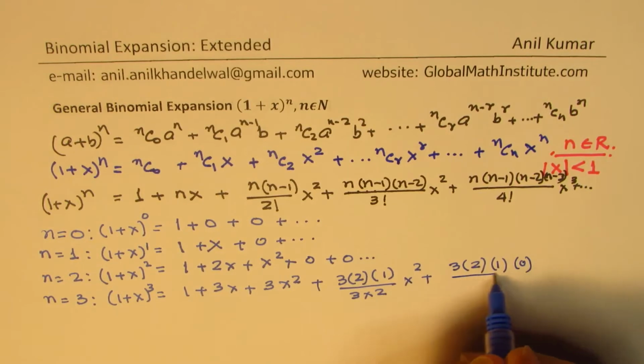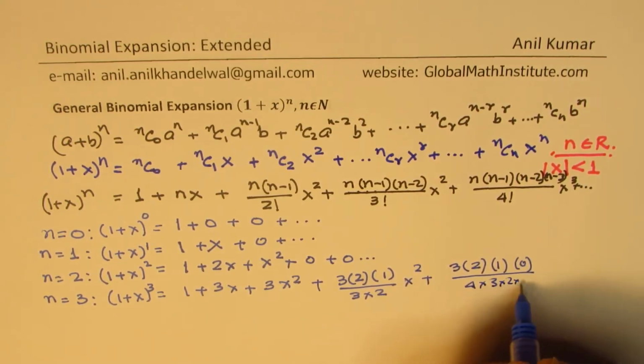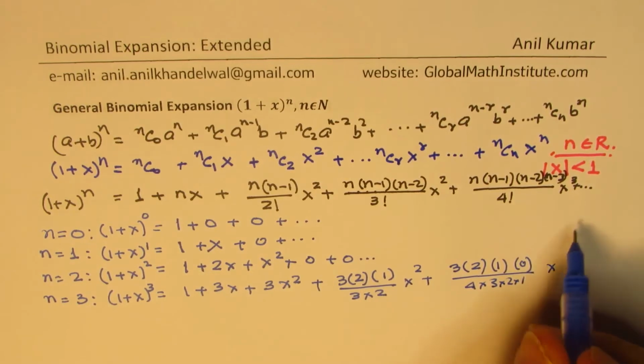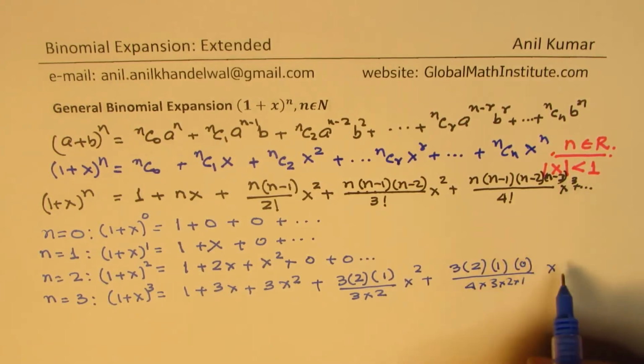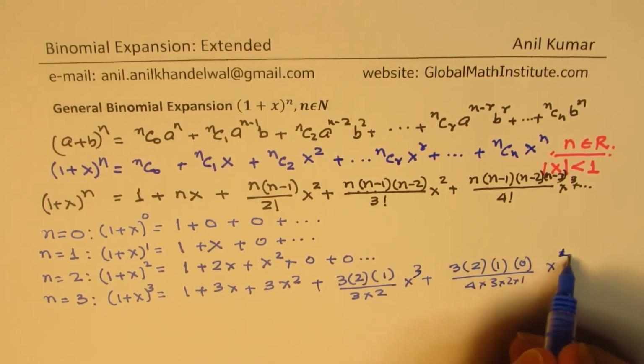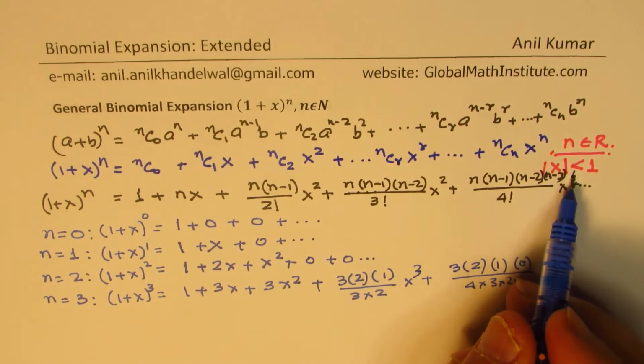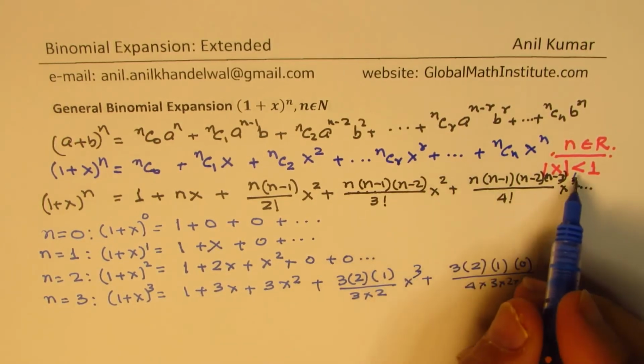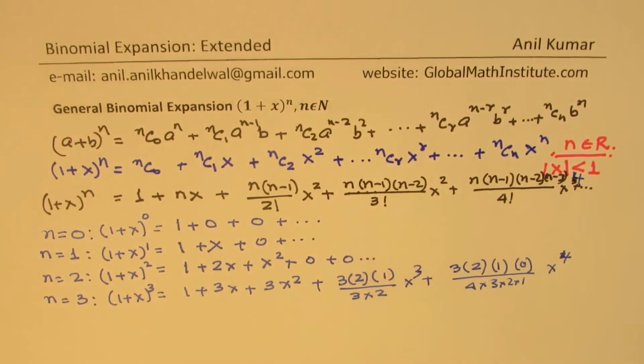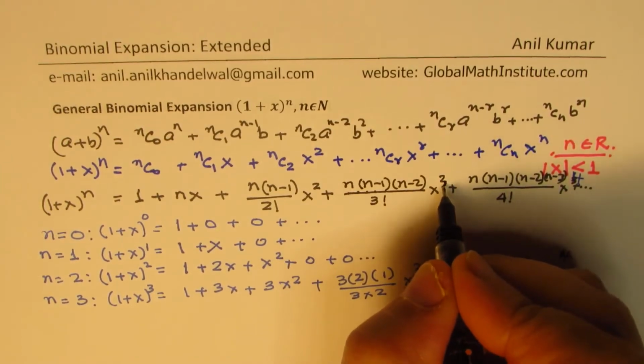So you multiply with 0, and here you get 4 factorial, x to the power of 4. Sorry, this was 3, that is 4. Let me make a correction. This is x cubed here.